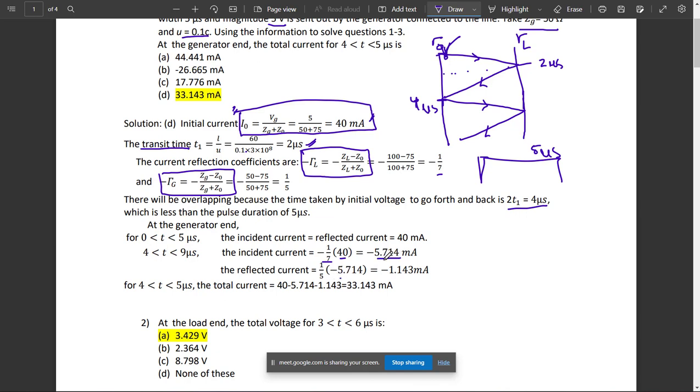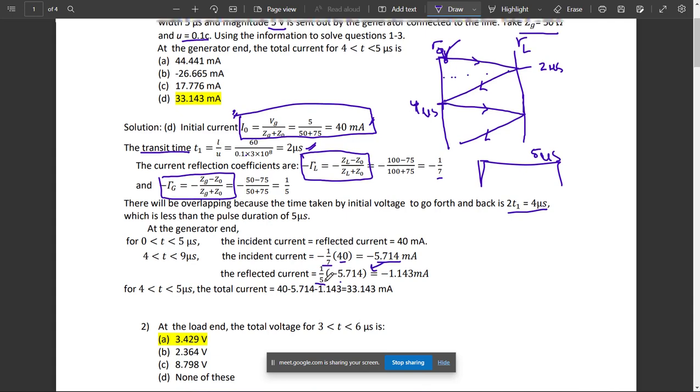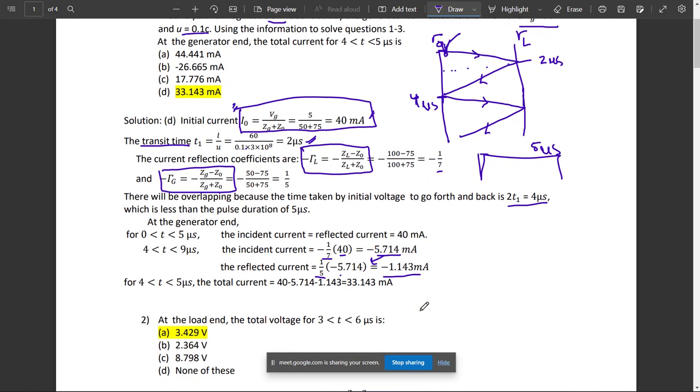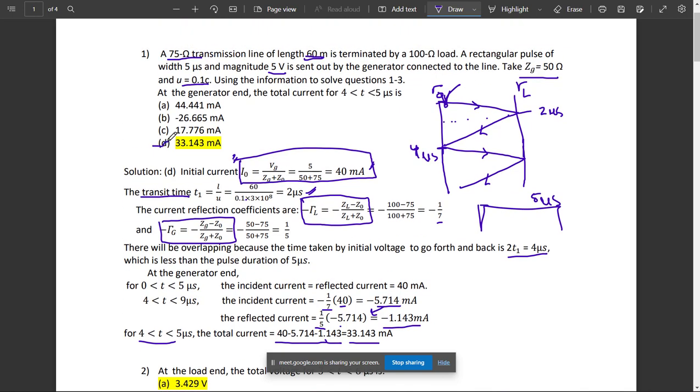This current multiplied by gamma g, so this will be minus 1.143 milliamperes. So for time t from 4 to 5 microseconds, what will be our total current? Our total current will be 40 minus 5.714 minus 1.143, right? Which will be equal to 33.143 milliamperes, which is this one.